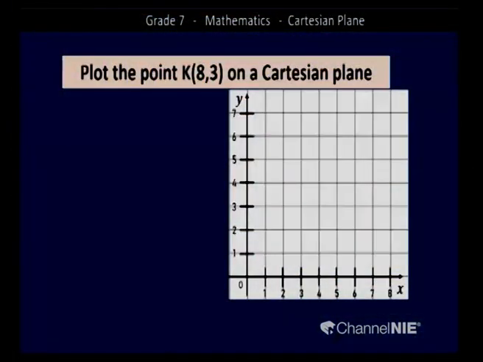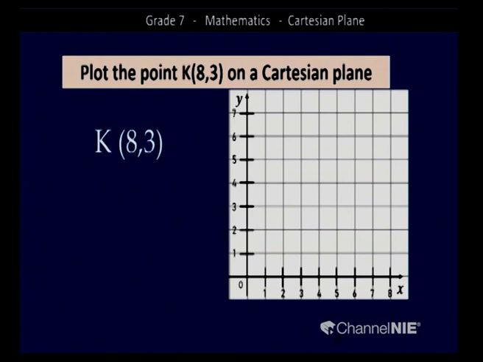Plot the point K (8, 3) on a Cartesian plane. First of all, we have to understand what this means. We will get the coordinates once again.